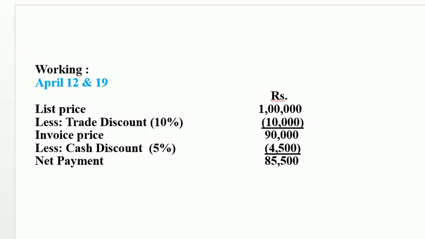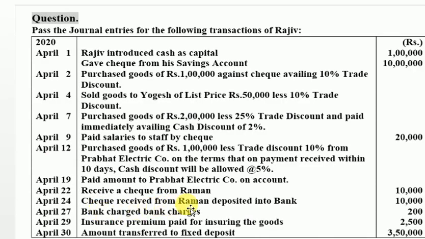Now let's proceed towards another transaction, that is, a check received from Raman on 22nd. So he is receiving a check from Raman. So the entry will be check in hand account debit to Raman account. We know very well that he is only receiving the check, not depositing that check into the bank.